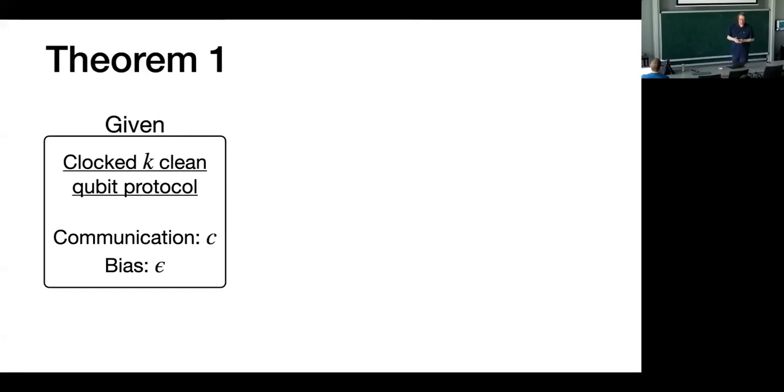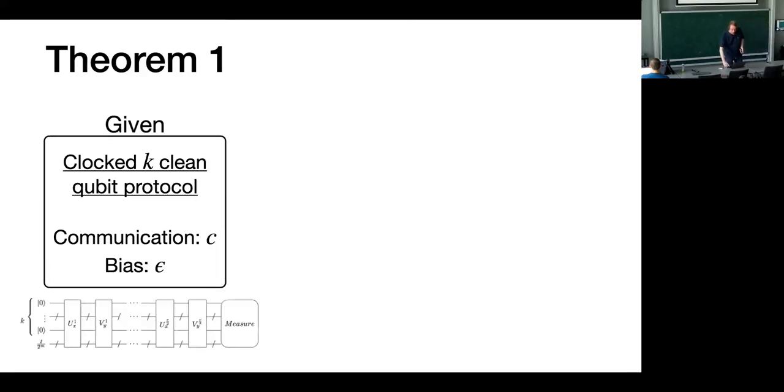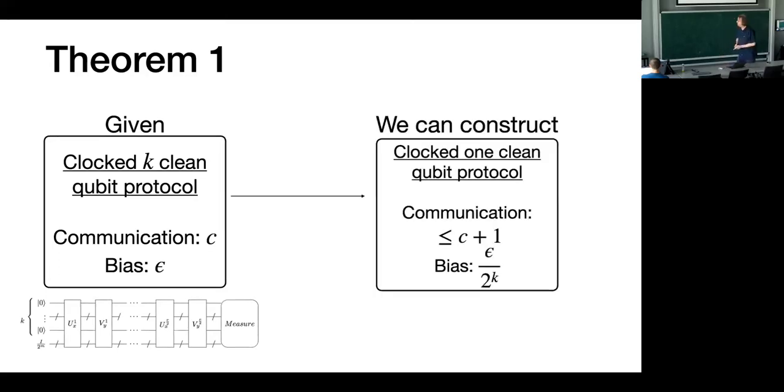Okay, so now let's compare these models first a little bit. We are given a K clean qubit protocol with communication C and a bias of epsilon. Then, which is the same picture as before, we can construct a one clean qubit protocol.